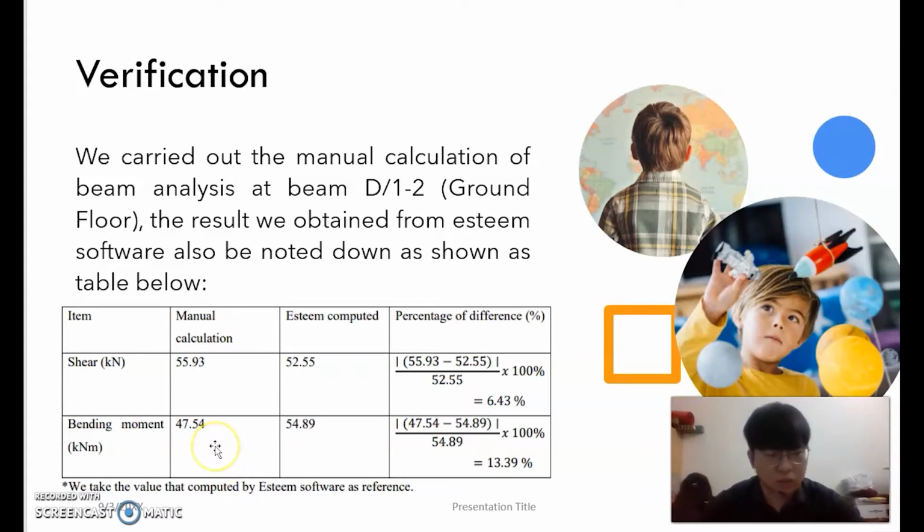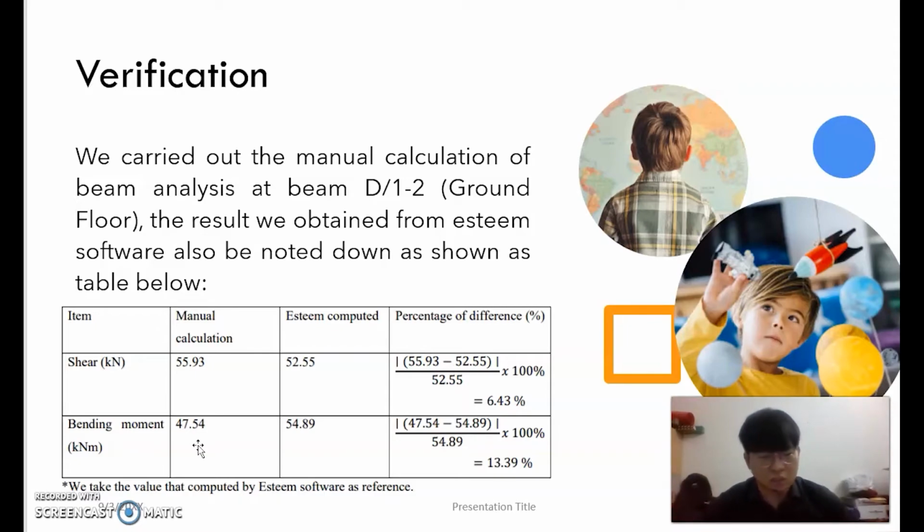So based on the table, the percentage of difference between the manual calculation and the Esteem computed bending moment value is 13.39, which is considered a high percentage difference. While the percentage of difference between the manual calculation and the Esteem computed shear force value is 6.43, which is considered less difference, but cannot be neglected for the design value.